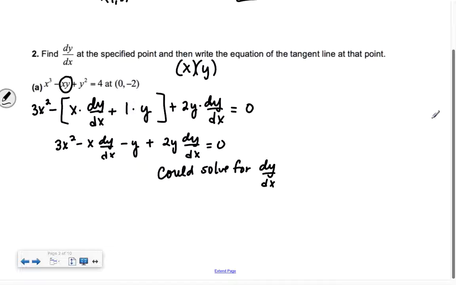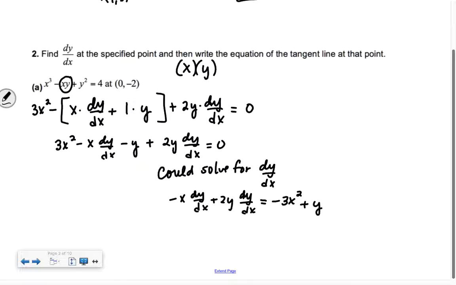If I was getting dy over dx by itself, I would leave everything that has a dy over dx term on the left side, and take everything else to the other side. So I'm going to have negative x dy over dx plus 2y dy over dx, and then I'm subtracting my 3x squared over, and adding my y over. Do you see what my next step would be now?